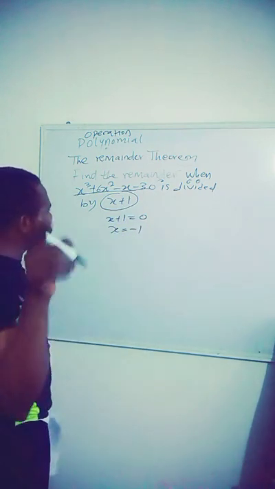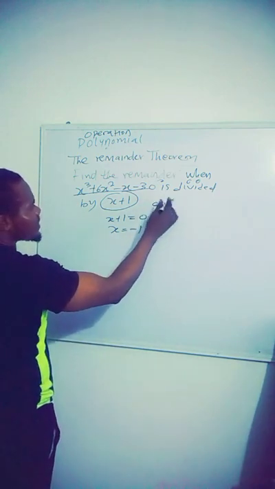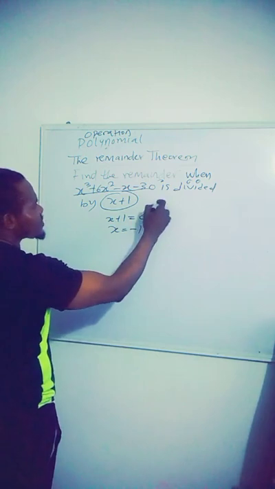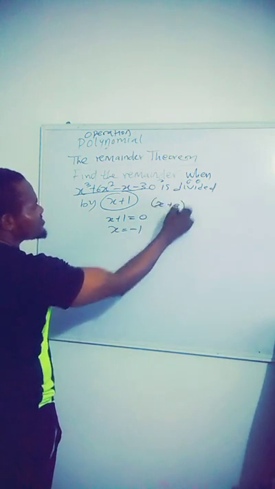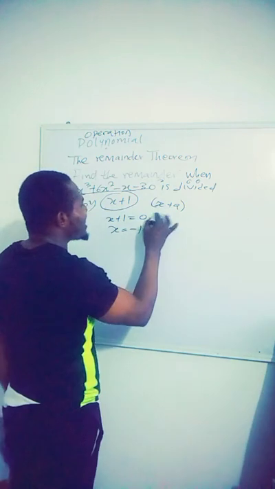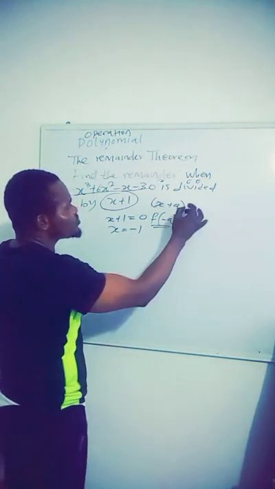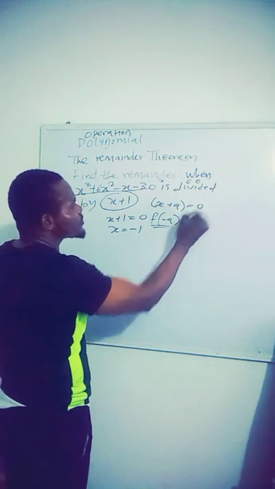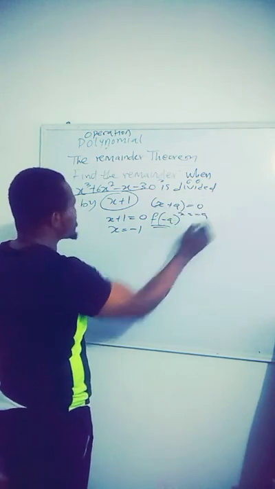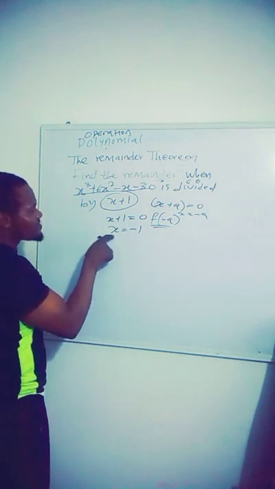If you remember the theorem, whenever you have s plus a as a factor of an expression, then f of minus a will be the remainder. That means you have equated this to 0, so s equals minus a. We are doing the same thing here: you equate this to 0, then you find the value of s.